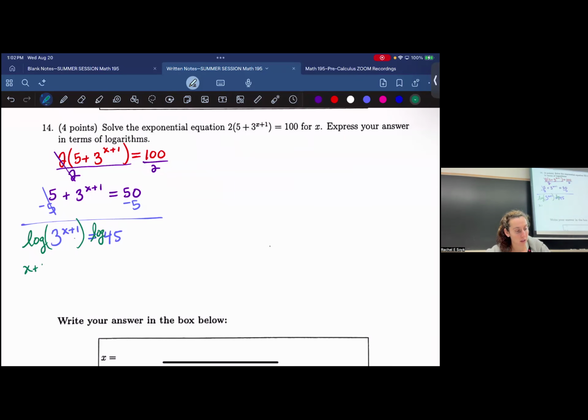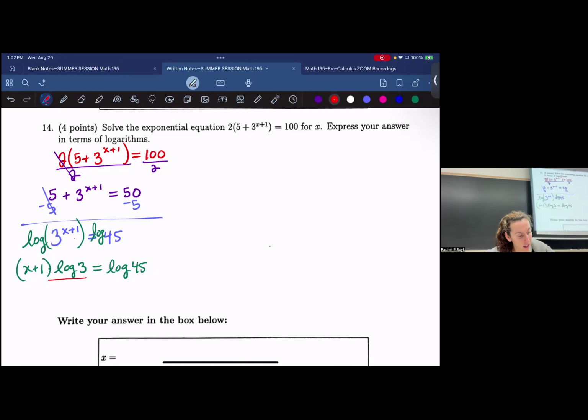Our power property, bringing that x plus 1 exponent into the front. And so now you're looking at x plus 1 in parentheses times our log of 3 is equal to log 45.